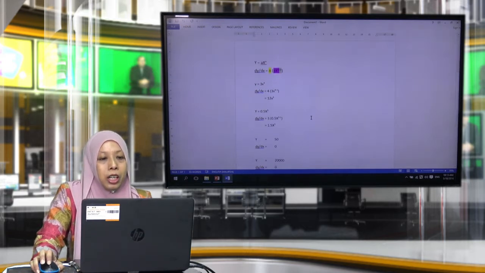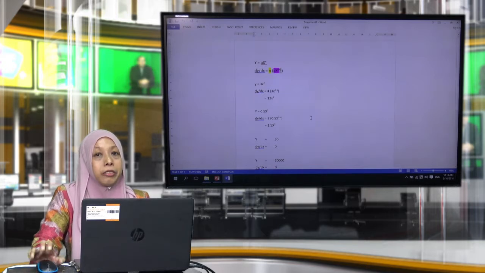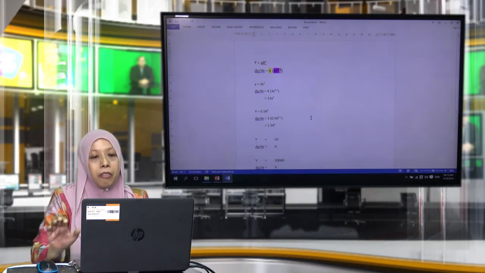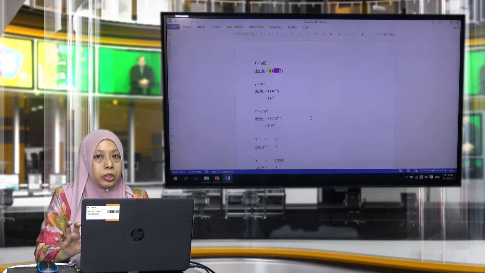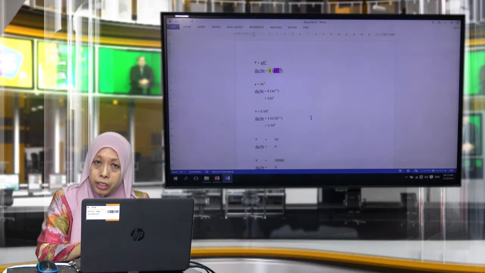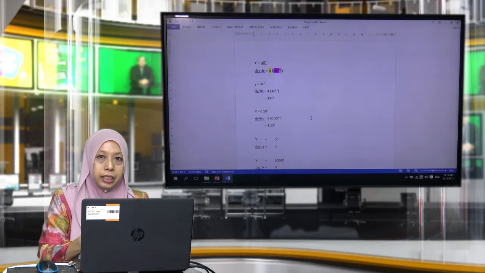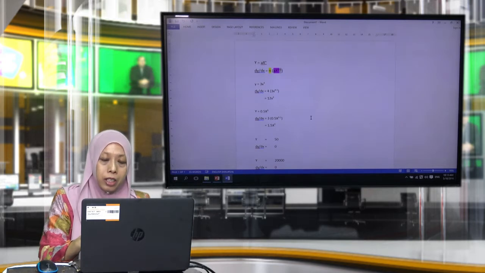Alright, so even though there are 6 rules of differentiation, as I said just now, for this course you only need to know the first 3. How to differentiate a constant function, how to differentiate a power function, and how to differentiate a sum or a difference function. So we haven't gone into that yet.